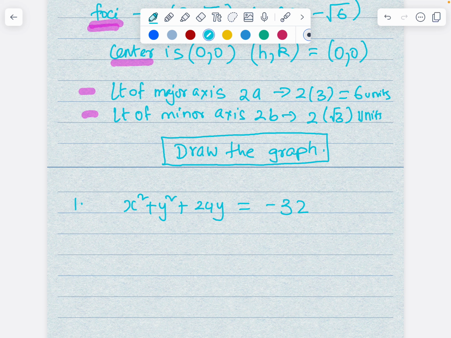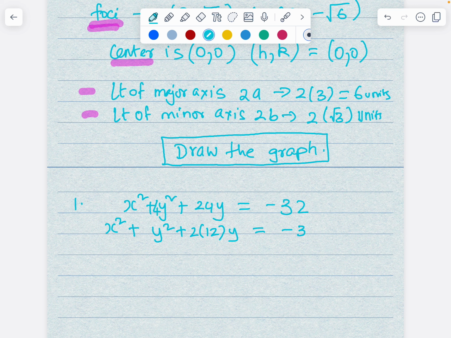Again, look at this. You don't have to worry about x square because there's no other x term, so you know the h value is 0. So x square is fine. It's the y square where you have to complete the terms. Oh, I had the equation wrong.